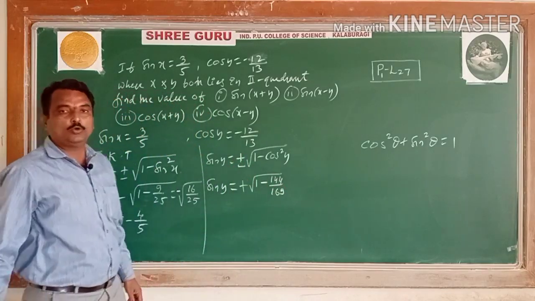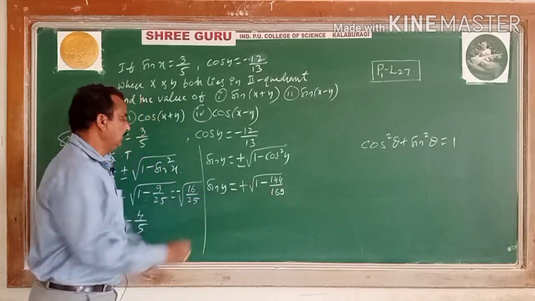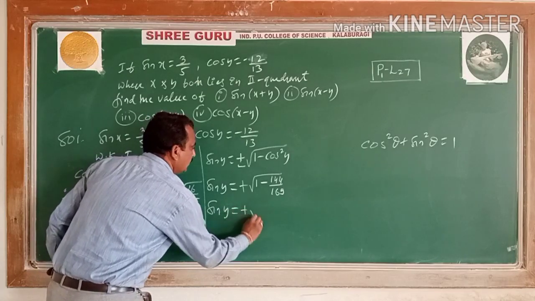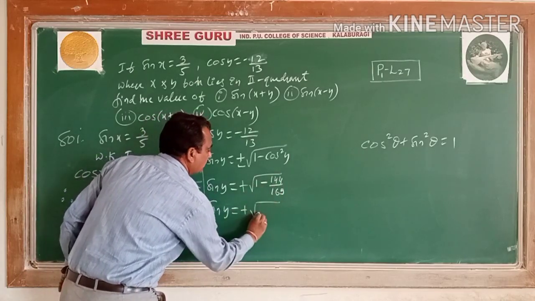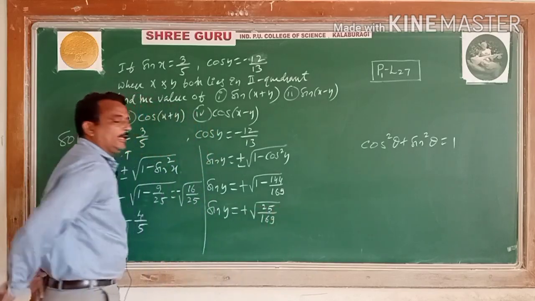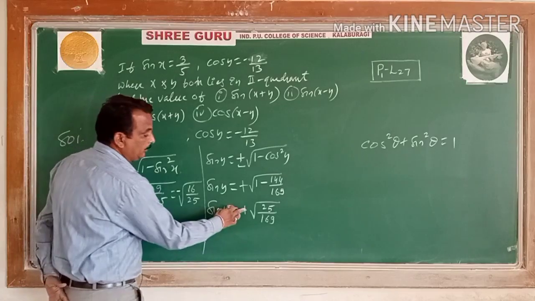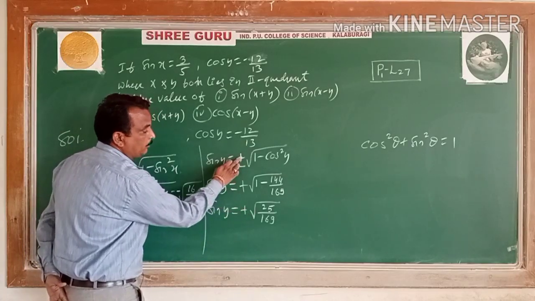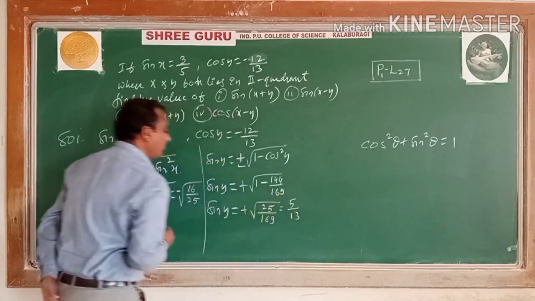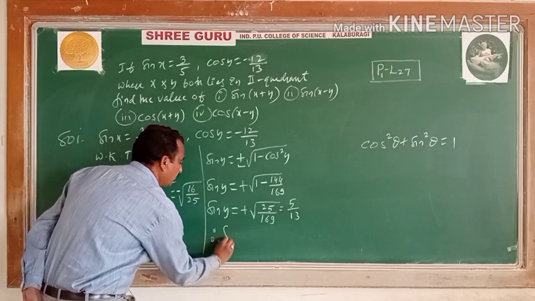Simplifying, sin y equals positive root of 169 minus 144, that is 25, so 5 by 13. Don't take plus or minus 5 by 13 again, because you have already taken positive. So sin y is 5 by 13, positive in the second quadrant.